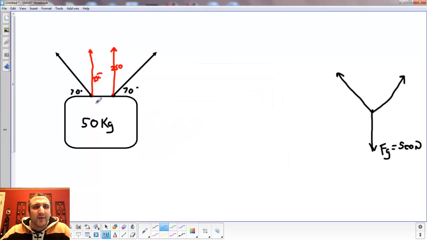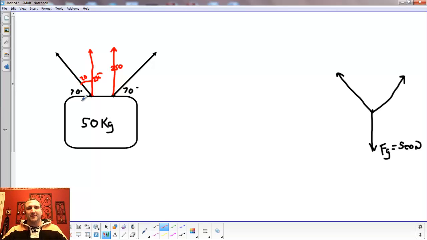If we've got 250 here, we've got 70 degrees here, we know that this and this are going to make a 90 degree angle, so our 90 degrees minus our 70 degrees is actually going to give us an interior angle here of 20 degrees. So now we have 2/3 of a triangle. We've got a vertical, which is 250, 20 degrees there, and we have a hypotenuse.